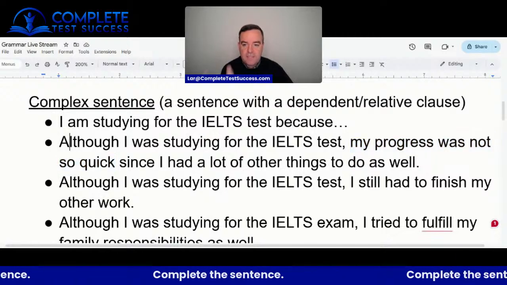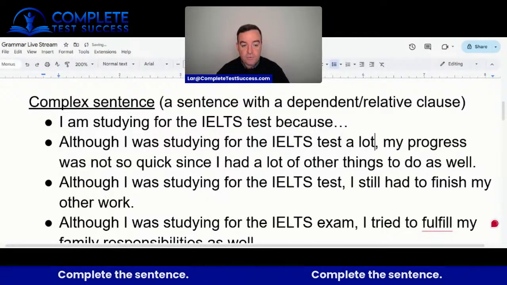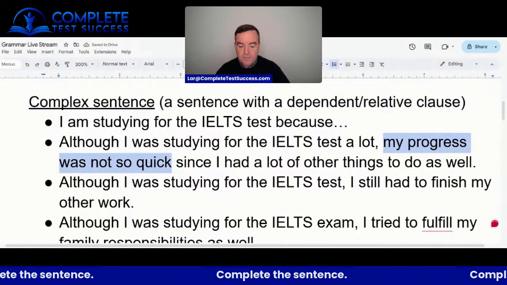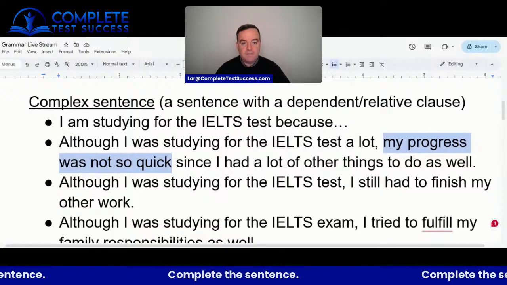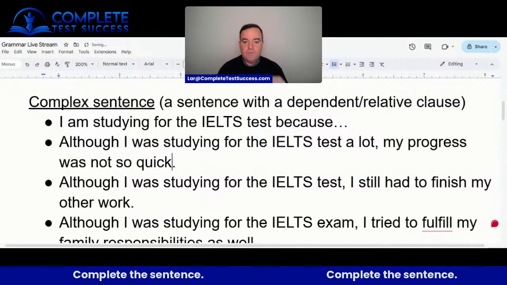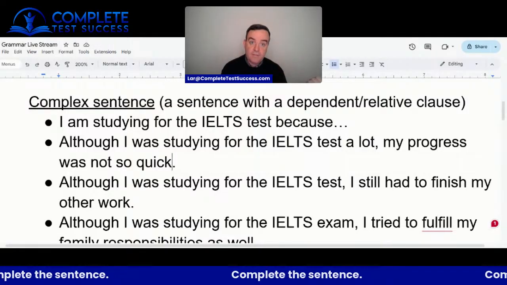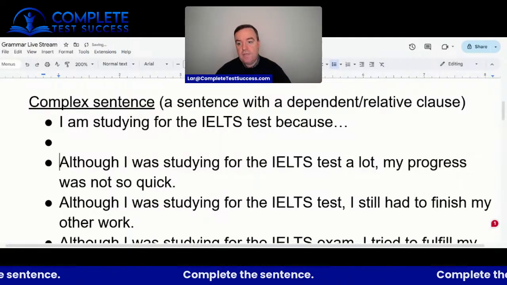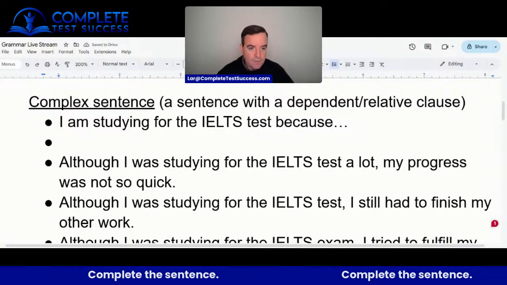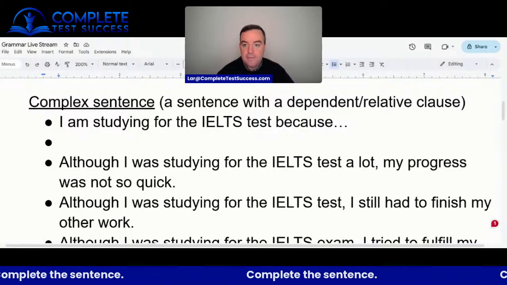So you would have to say, although I was studying for the IELTS test a lot, so you were spending a lot of time doing it, my progress was not so quick. That would be highlighting a difference. When we use the word although, we're trying to highlight what you would expect versus the reality, which are not the same. So it wasn't a grammar mistake there, but it would be a coherence and cohesion mistake, using although in an incorrect way.